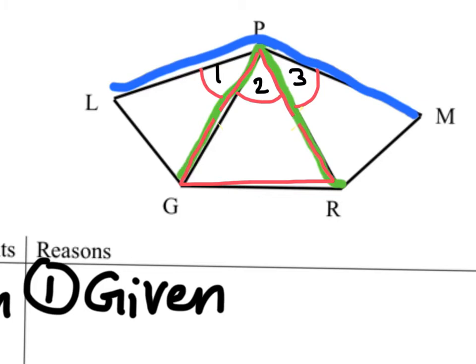That's the idea behind this proof. We need to get there by proving two of the triangles congruent. I'm going to try to prove this triangle with the angle 1 congruent to this triangle with the angle 3, because that way I can say that these sides are going to be congruent. That's the plan of action. Let's go for it.